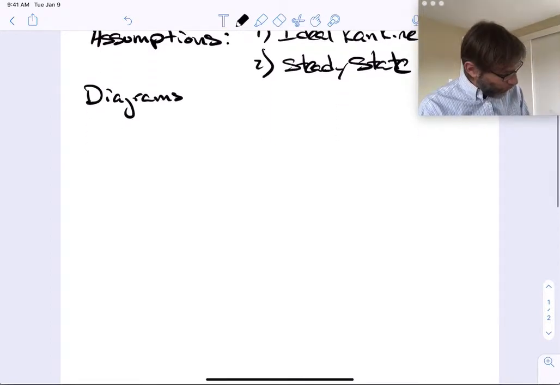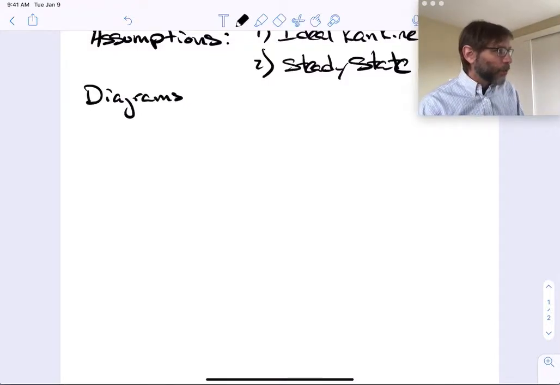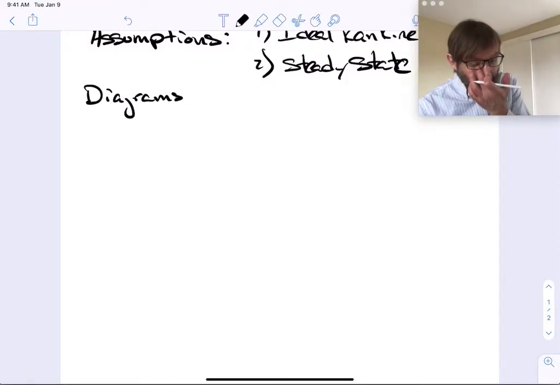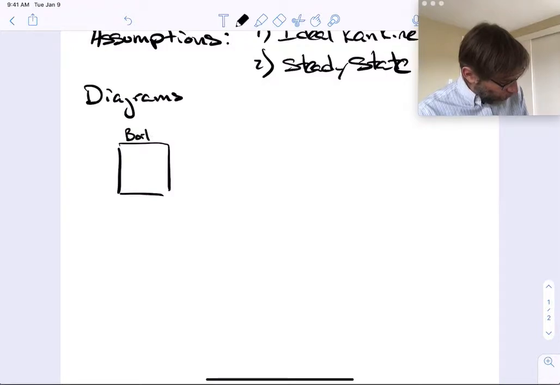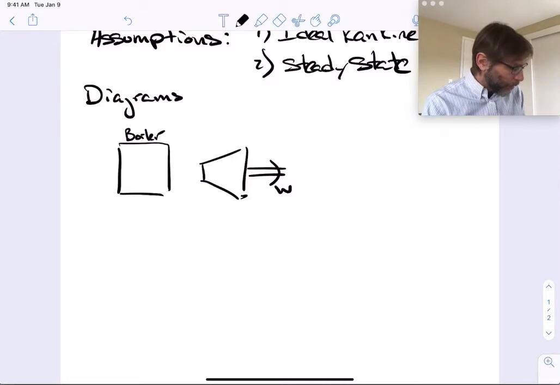Okay, so when we do cycles, we need two items. The first thing we need is a drawing of the actual cycle itself. So we're going to have the boiler, call this the boiler. We have a turbine, which is the thing that makes the work, so I'm just going to label it little w.